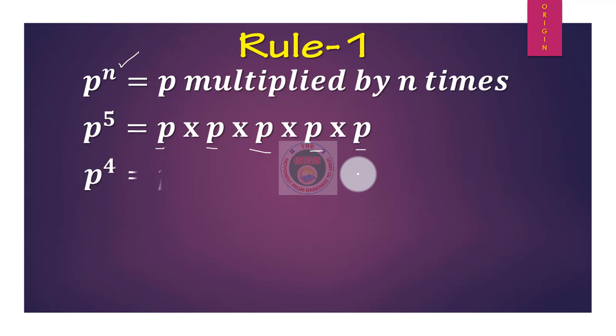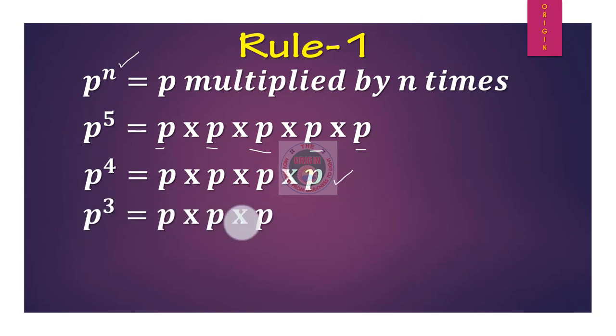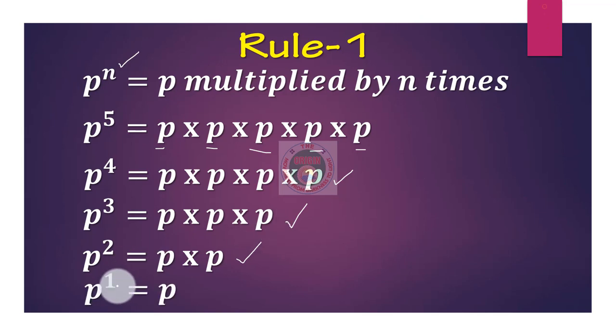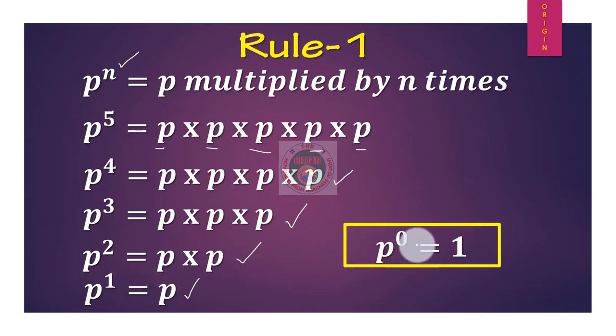Next, p power 4 is p multiplied by 4 times, p power 3 is p multiplied by 3 times, p power 2 is p multiplied by 2 times, and p power 1 is p multiplied by 1 time, that is equal to p. In case p power 0, what is it?